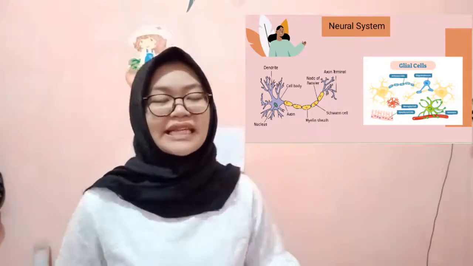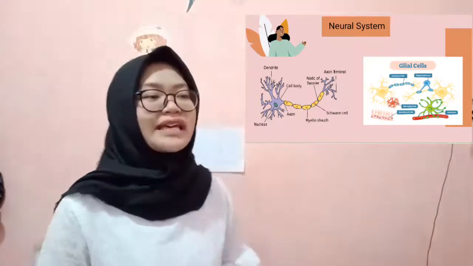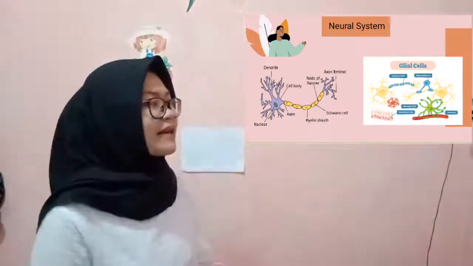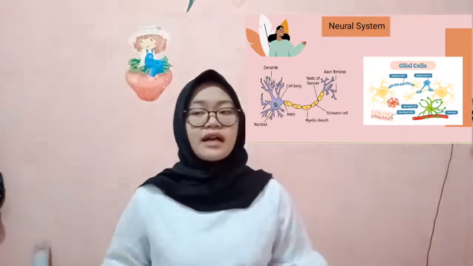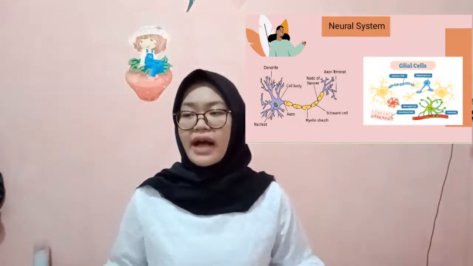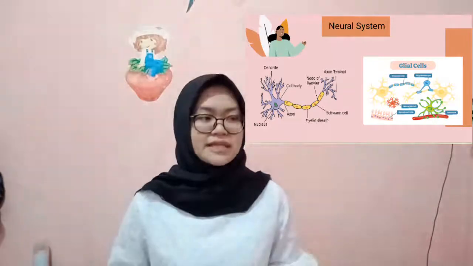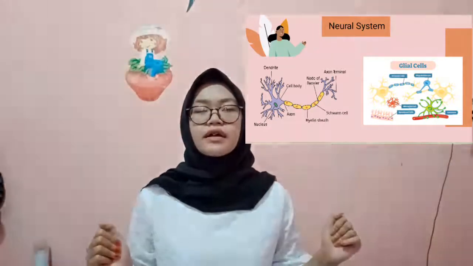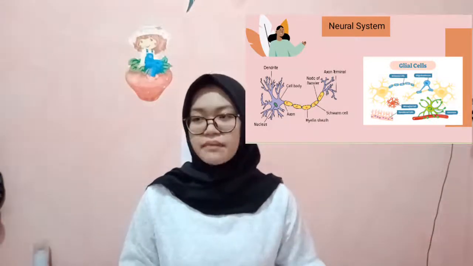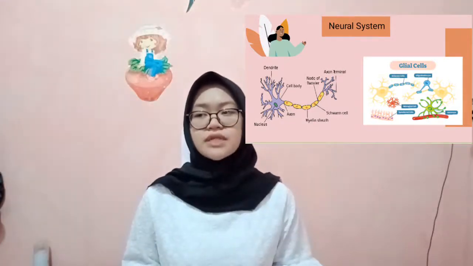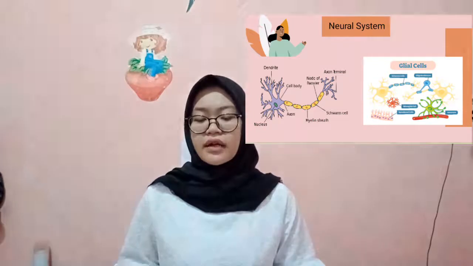Exactly, this is a neural cell. Please give her applause, guys. Thank you, Ernita. Based on its structure, there are two kinds of neural cells: neuron cells and glial cells. In our nervous system, there are millions of neurons that make up the nervous system.